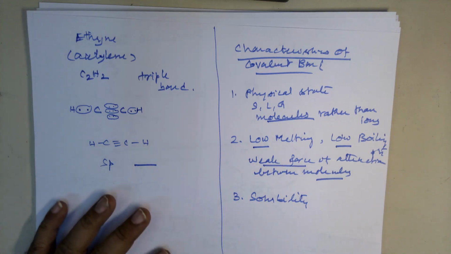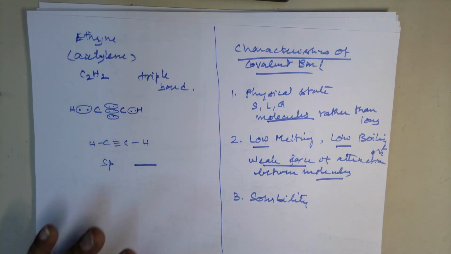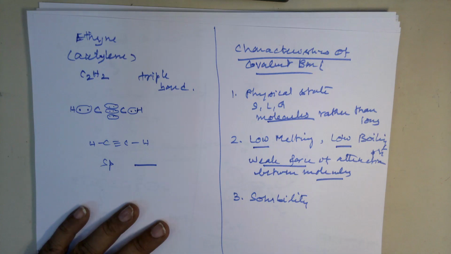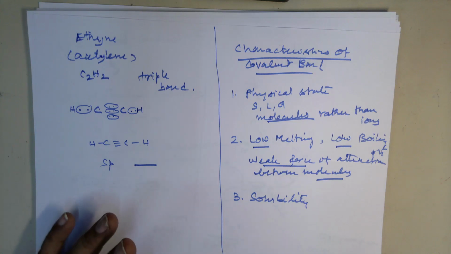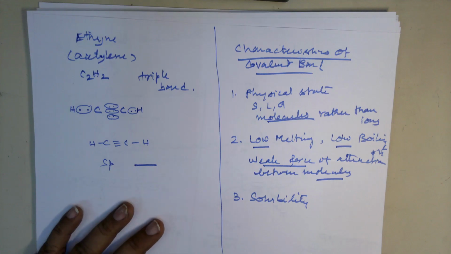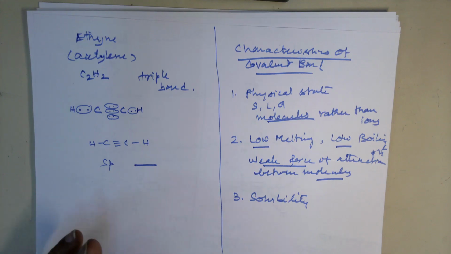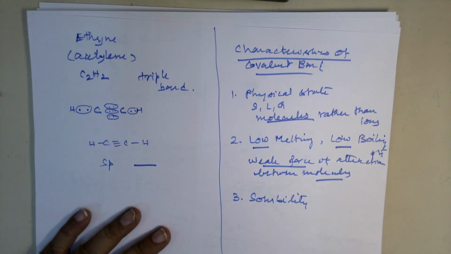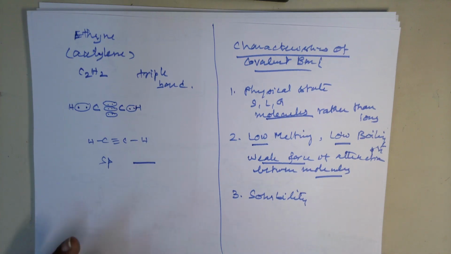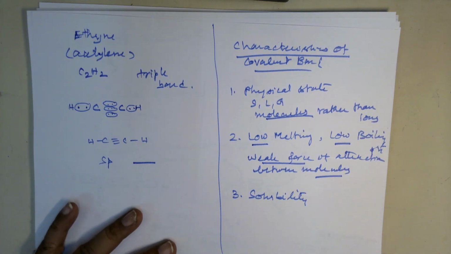What do you call that? Intermolecular force of attraction. This can also be called, what is that? Cohesive force or van der Waals force. And if it is partly electrostatic, then it can lead to hydrogen bonding. But anyway, these are all weak forces only.